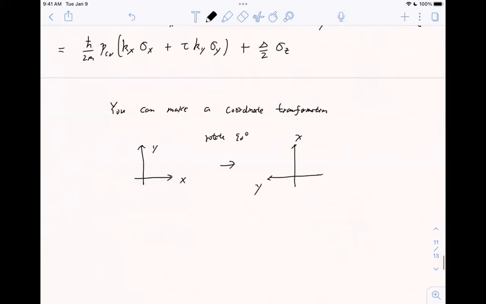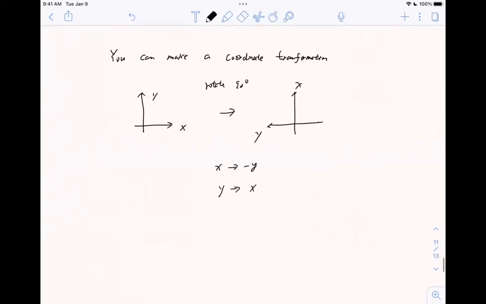In this case, X will become negative Y, Y will become X. But the net effect is this. K dot P, KY PY will become negative KX. Let me see.